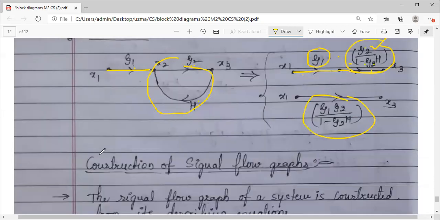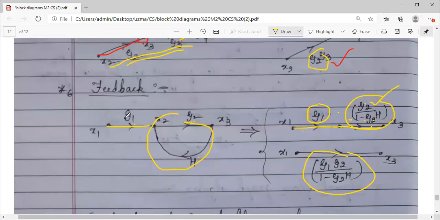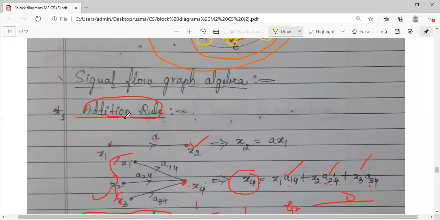These are some of the terminologies used in the signal flow graph and the rules associated with signal flow graphs. Now, the next process is we need to see how signal flow graphs are constructed. There are actually two ways. One is directly from the block diagram, we can convert the block diagram into a signal flow graph. Or, as I have mentioned in the definition of signal flow graph, what is a signal flow graph?